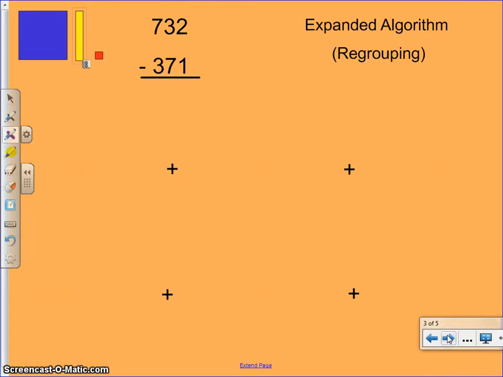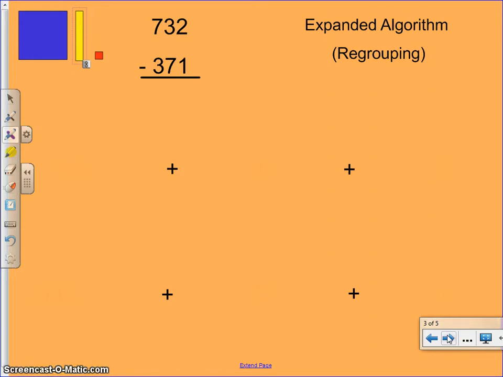Now what happens though if the number on the bottom is bigger than the number on top that we're trying to subtract from? When that happens, it's called regrouping. Because remember, we cannot subtract a bigger number from a smaller number.